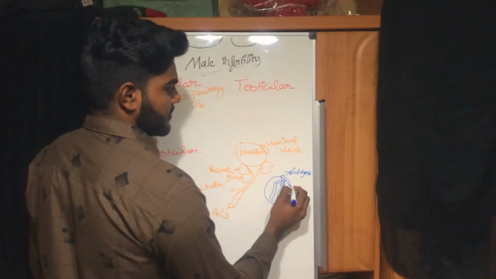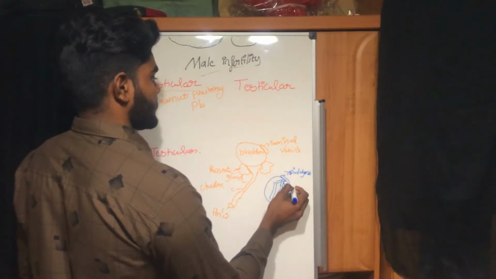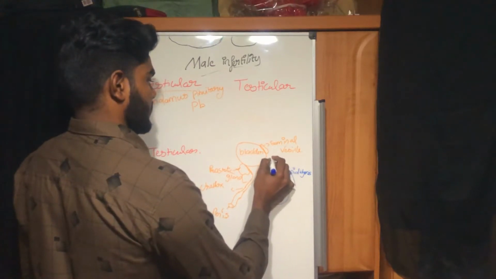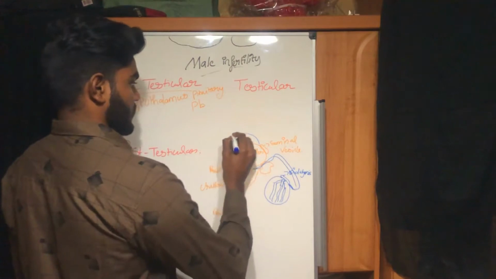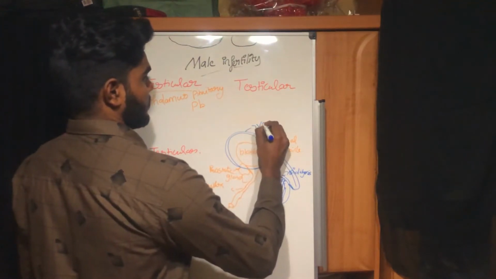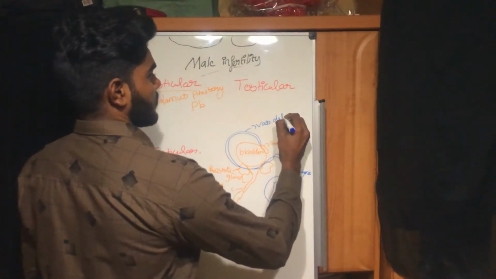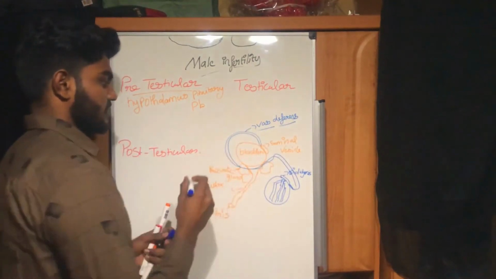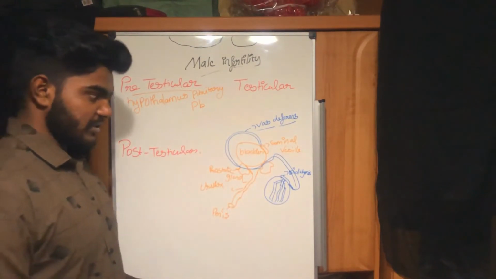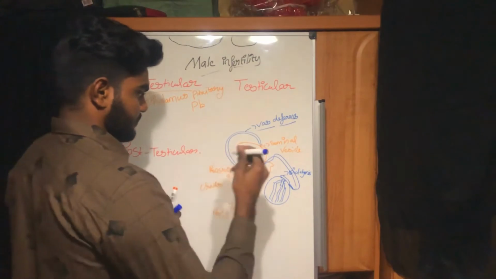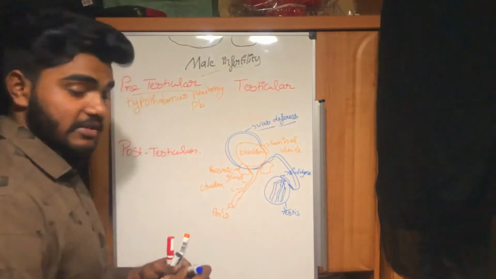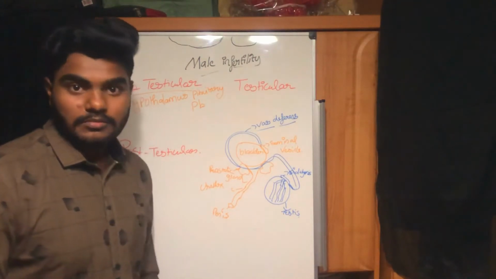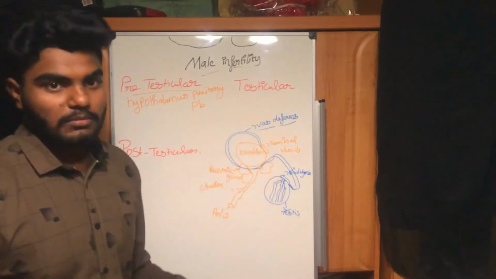And this epididymis leads to the vas deferens. So please remember the structure. This is the testis. Please remember this diagram always, it will help you remember where the problem will occur.